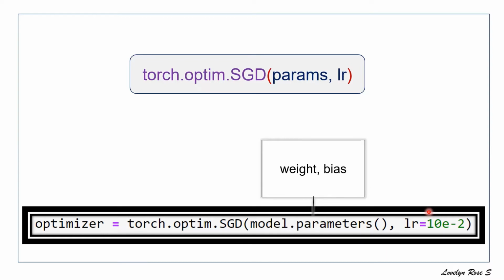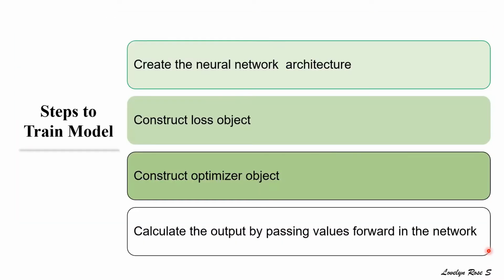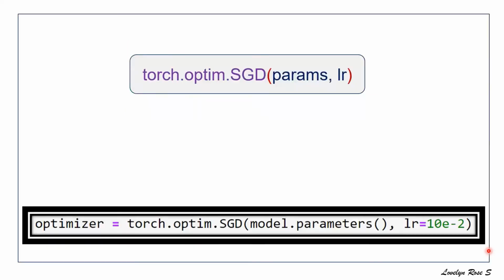We will see this while writing the code. I have specified the loss function as an object. I have constructed the optimizer object by specifying optimizer is equal to torch.optim.SGD.